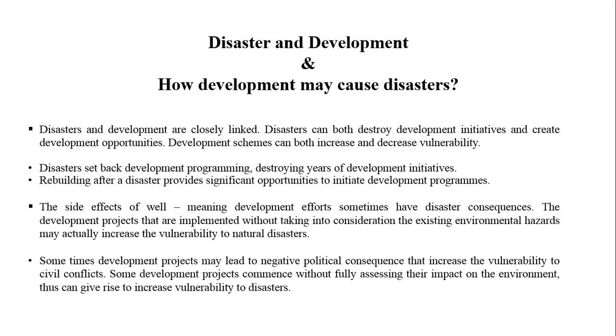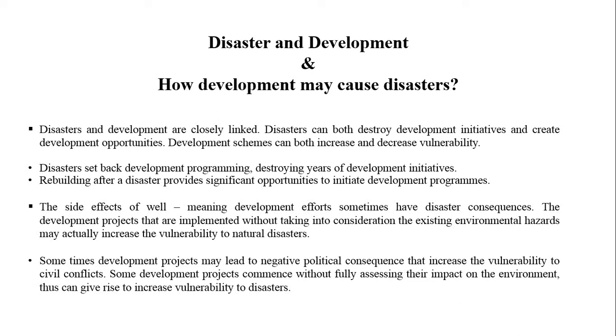Next, disaster and development, and how development may cause disasters. Disaster and development are closely linked. Disaster can both destroy development initiatives and create development opportunities. Development schemes can both increase and decrease vulnerability. Disasters set back development programming, destroying years of development initiatives.